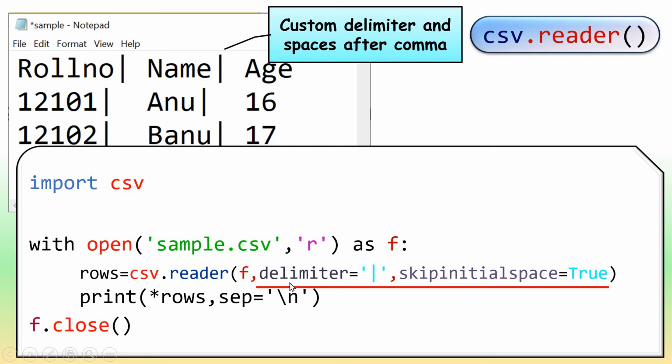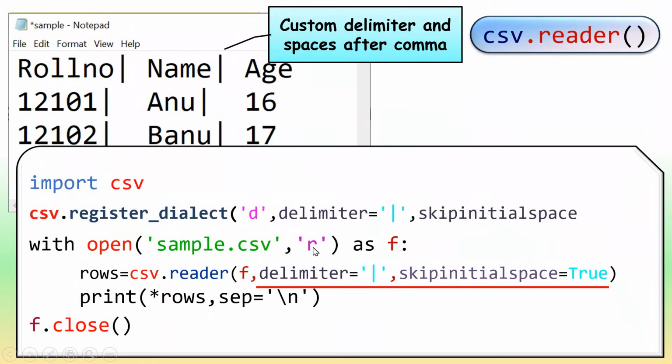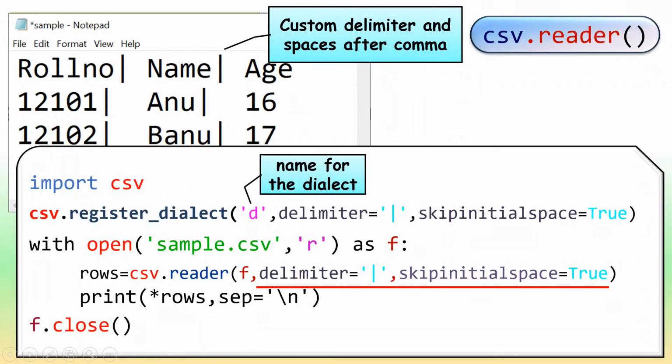This can be condensed by registering a new dialect using csv.register_dialect, which is written as csv.register_dialect within parentheses 'd' comma delimiter is equal to pipe comma skipinitialspace equal to True. Here 'd' within quotes is a name for the dialect, and after the name of the dialect comma, here itself I have mentioned the delimiter and the skipinitialspace parameters.